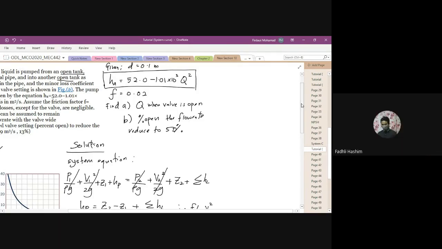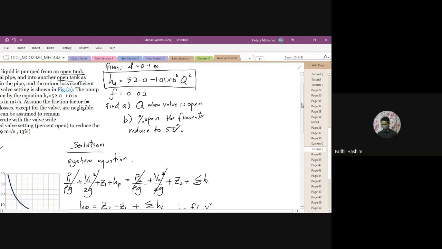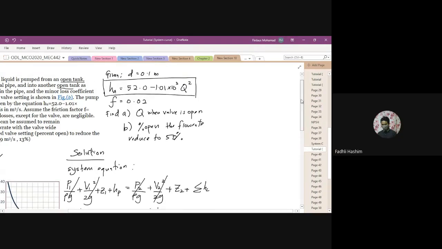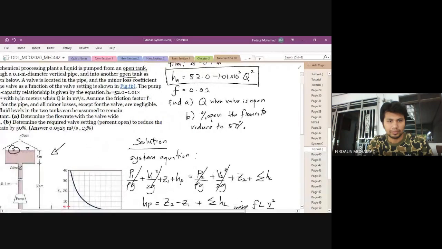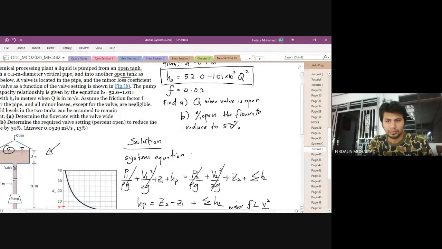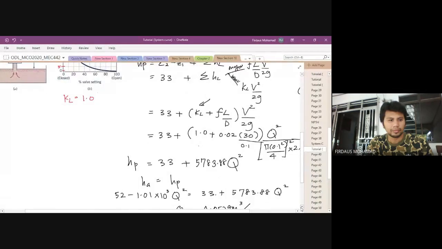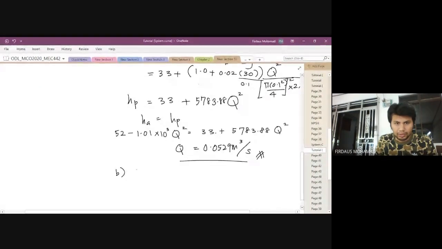Okay, proceed to B. What is percentage of valve opening? Okay, so that the flow rate is reduced to 50%. So ini macam mana? Kita punya Q B. Q reduced to 50%.